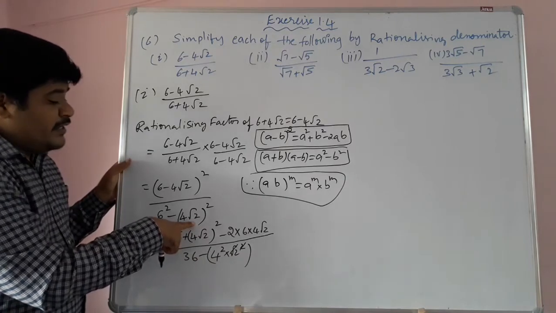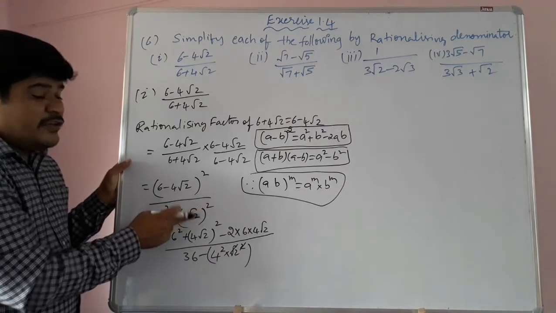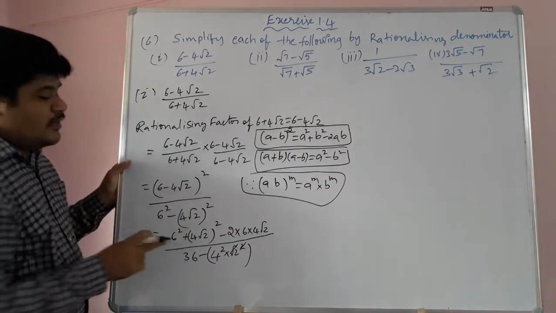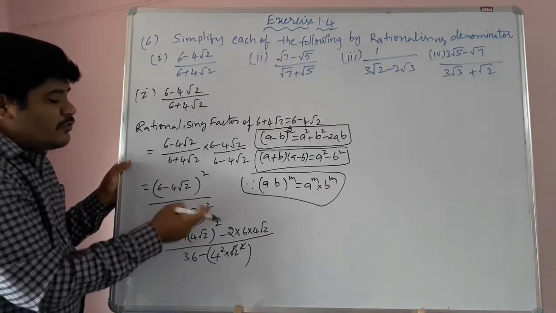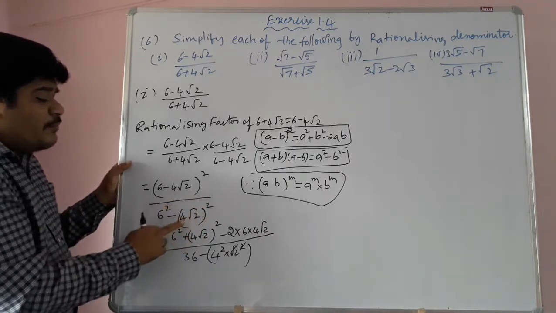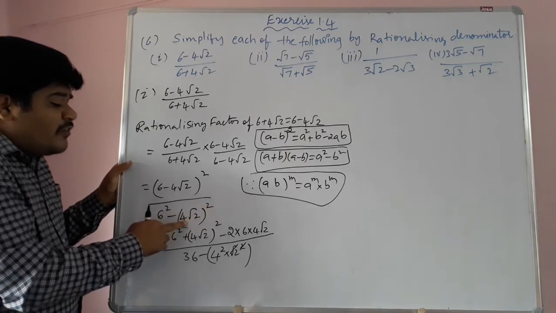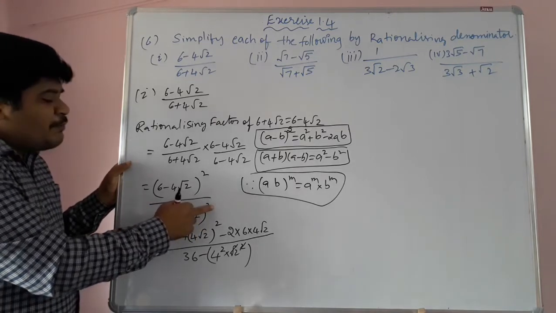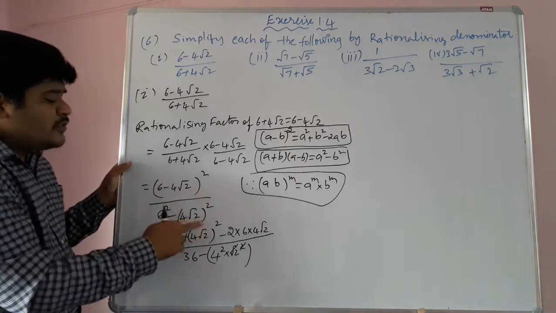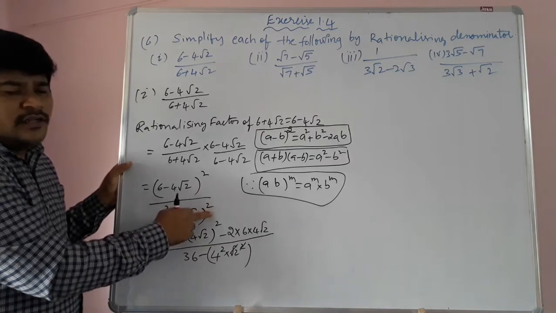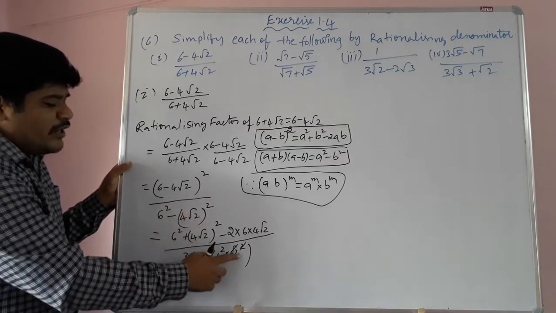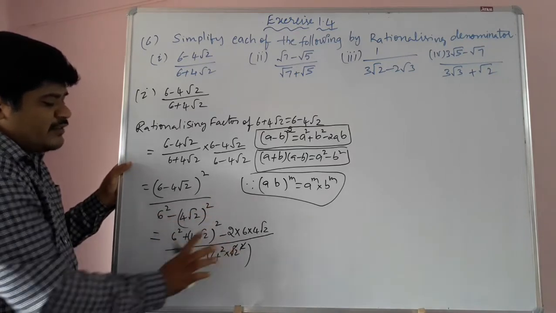Some students may get confused and cut this square against the square root. That is a big mistake. That cancelling is wrong because the power 2 is there for both 4 and root 2, it is the property of 4 and root 2, not only of root 2. So 4 square into root 2 square; the square and square root cancel.